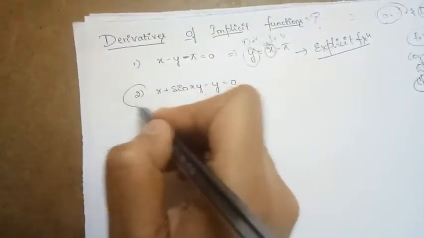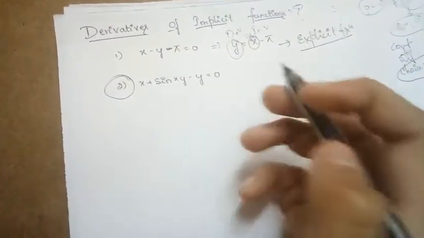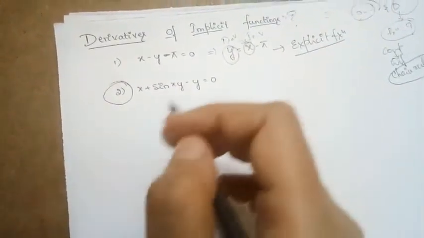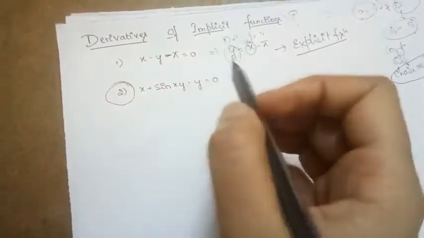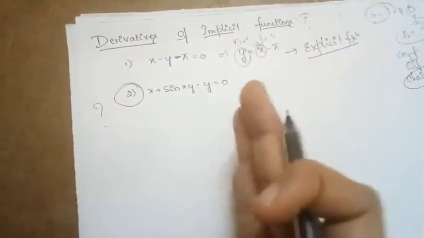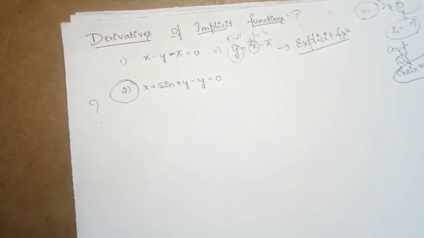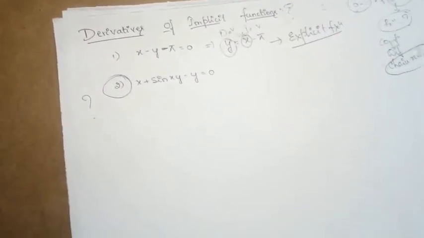Now let us come to the second equation, that is x plus sine xy minus y is equal to 0. Looking at this equation, my question for you is: can you isolate it, that is, keep the dependent variable y on one side and the independent variable x on the other side?